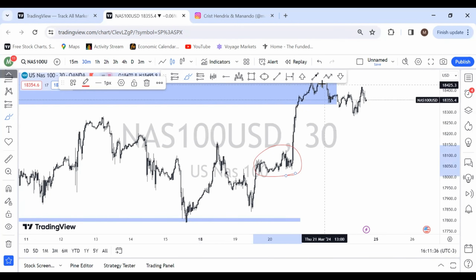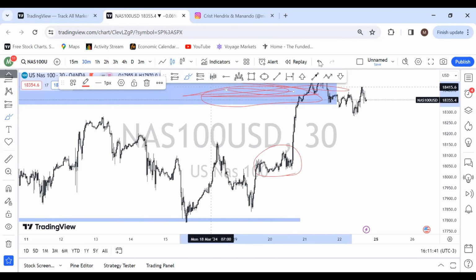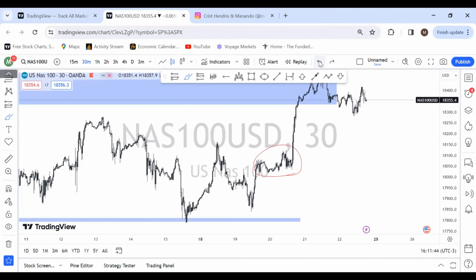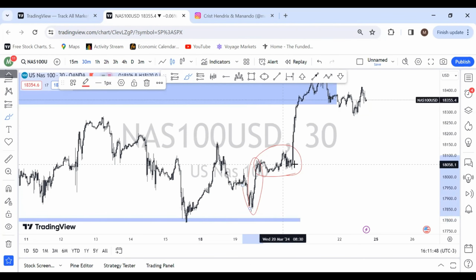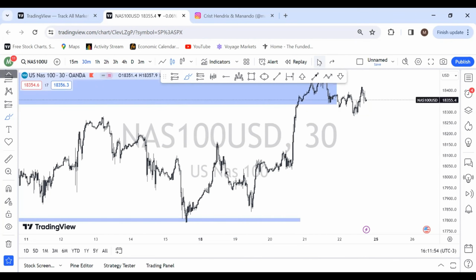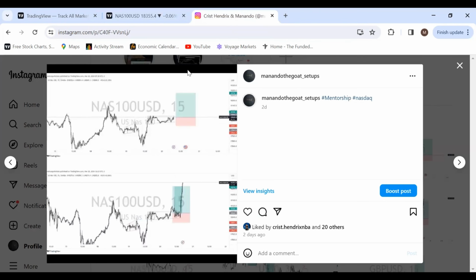So in this case, we're expecting the price to reach this blue shaded zone, which is our resistance. So we know that after this impulse, we should expect a corrective continuation right there. So let's refer back to our screenshot so you can see that is what we were trading.